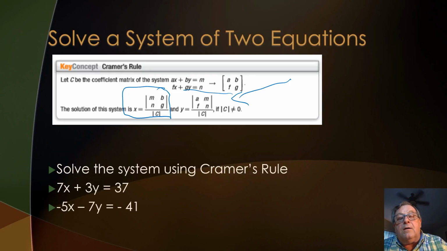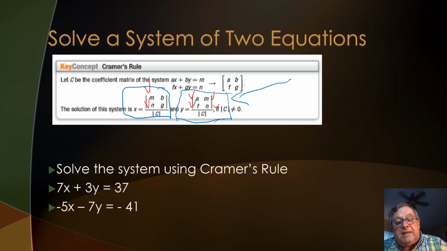Where you have to be careful is that when we're finding the x value, we use the constant in column 1, and to find the y value, we use the x coefficient and then the constant. And all that's over the coefficient matrix of the variables, or the matrix C.